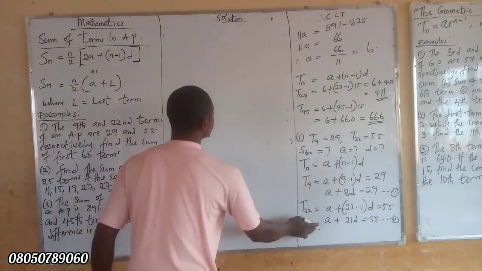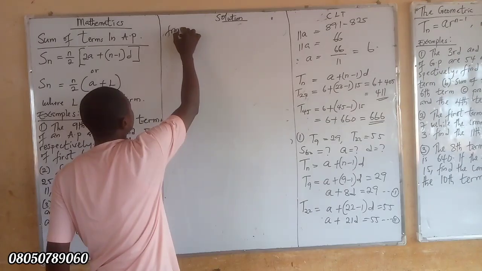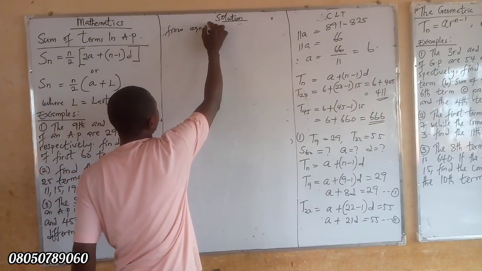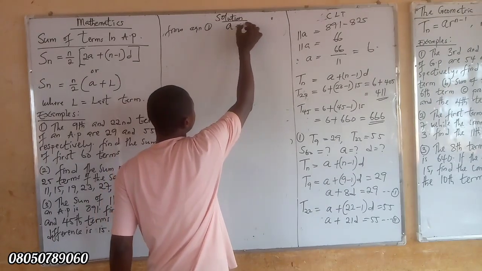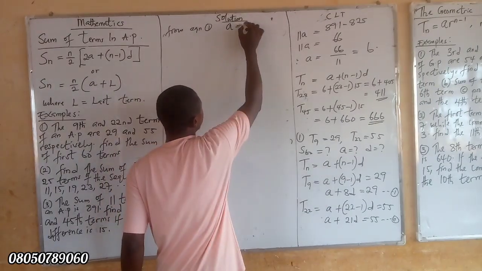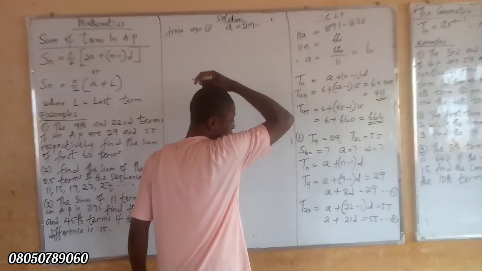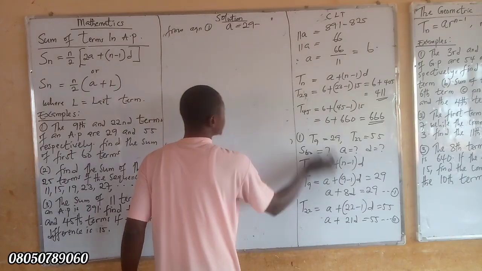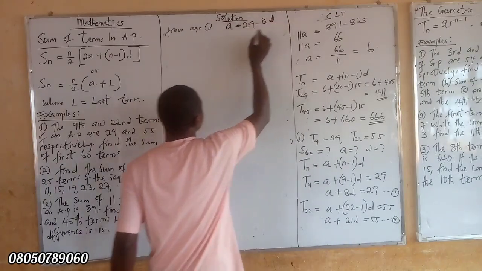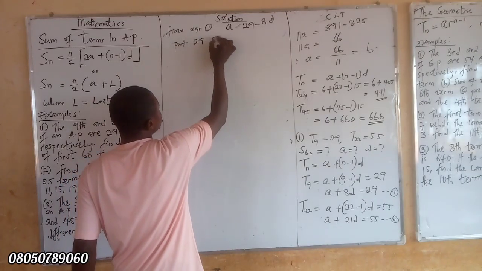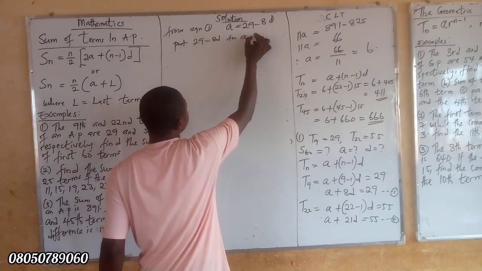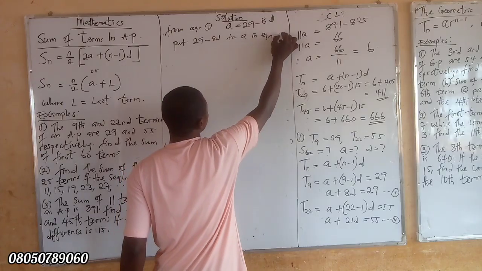Then from equation 1, we are going to make a the subject of the formula. So a is equal to 29 minus 8d. Therefore, we put 29 minus 8d for a in equation 2.